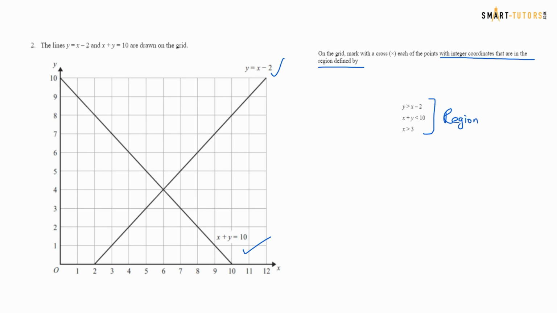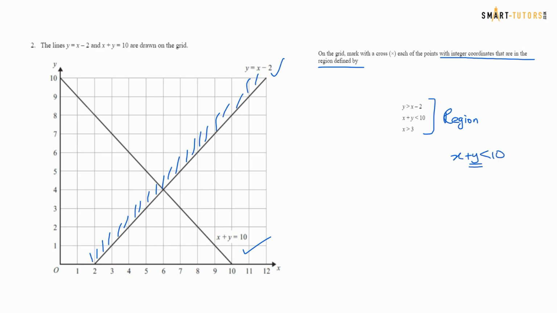The first inequality, y greater than x minus 2. y equals x minus 2 is this. Greater means upwards, so y greater than x minus 2 is upwards of this line. Then x plus y less than 10.